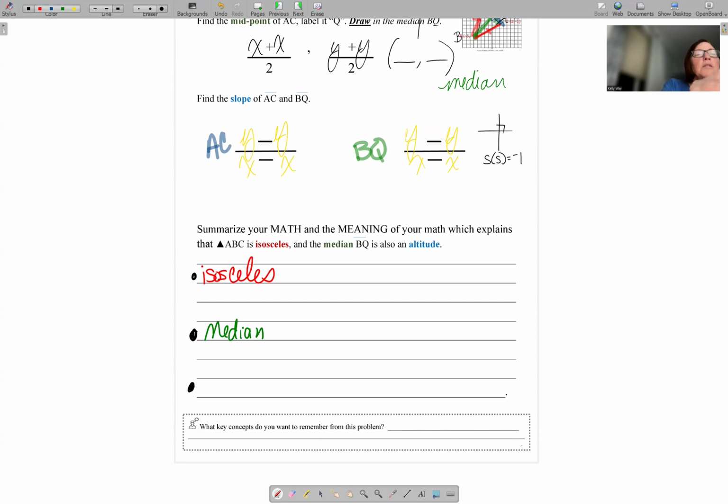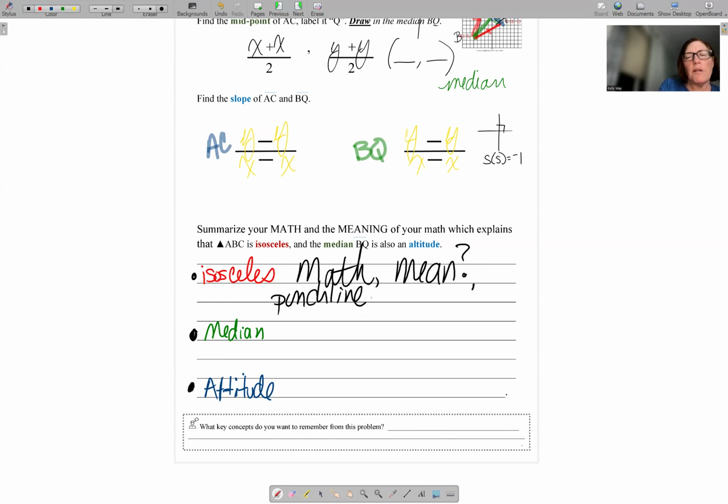And then one sentence on how you know you have an altitude. Why is the median also an altitude? In each of these sentences, you must cite your math, explain what the math means, and then make sure you actually tackle the punchline of what you're trying to prove. Math, meaning, punchline.